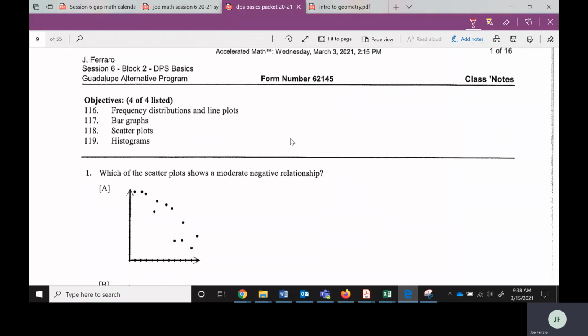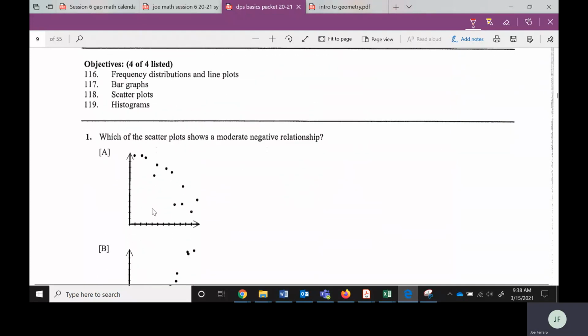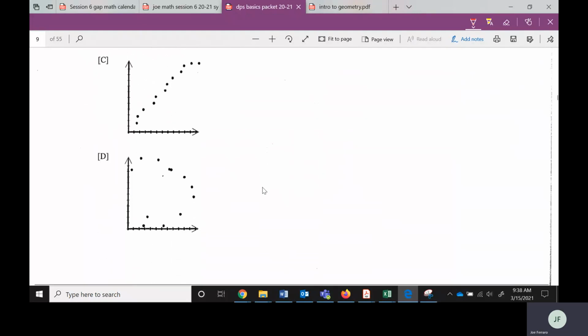So number one here, it says which scatter plot shows a moderate negative relationship. First of all, I'm just going to go through and talk about what each one of these are and give examples, and then we'll actually find our real answer pretty early, but I also just want to explain what each of these would be called.